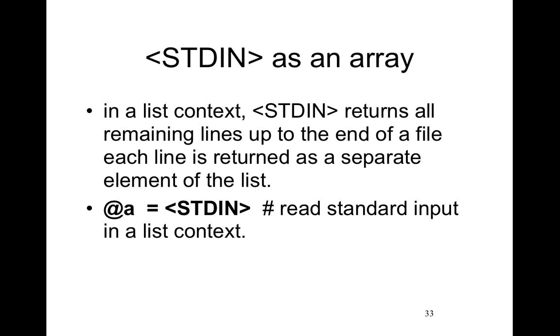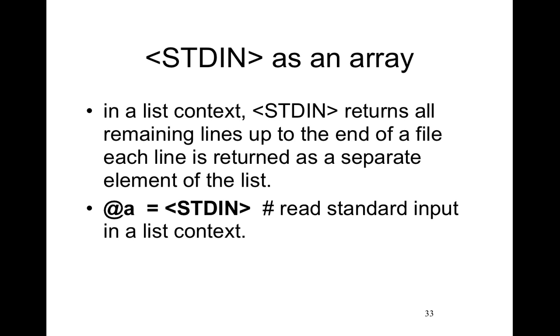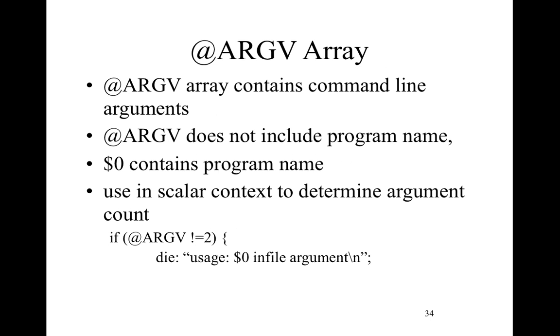So we read the standard input in a list context, so we can get all of the array elements in and just assign it to an array. And then the spaces separate the input values. So it makes it easy to take input and put it into an array or into a single variable just from standard input. So there's no conversion that has to happen, is what I'm saying.